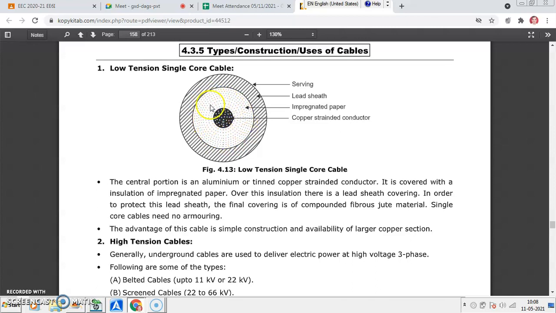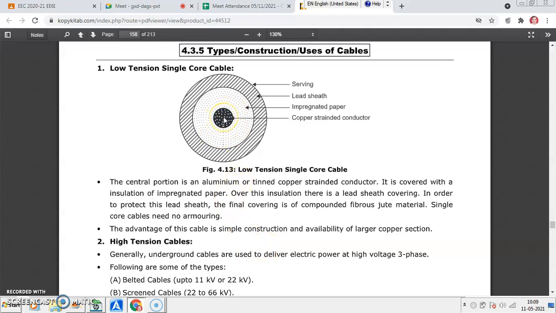Impregnation may decrease the moisture content, but there are chances of moisture entering, so a lead sheath is provided over the paper insulation. Okay, and then serving is provided. This is low tension cable, so no armoring or other layers are provided over it. The central portion is always a conductor.